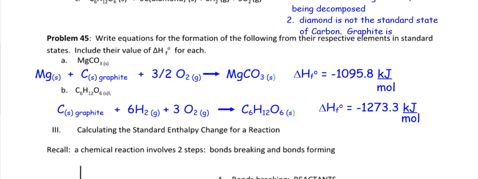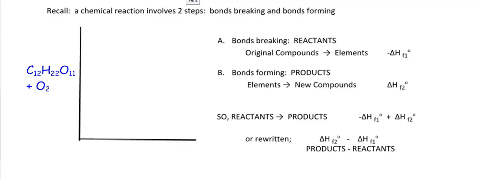Let's look at Roman numeral 3. Hey, we're back. This next part says, recall, a chemical reaction involves two steps, breaking bonds and forming bonds. So I just want to use an example, maybe take sucrose, this is indeed sucrose, and burn it. What is always the first step?